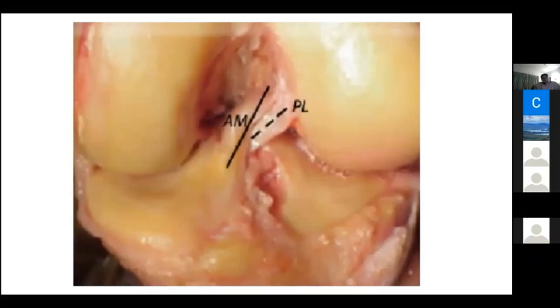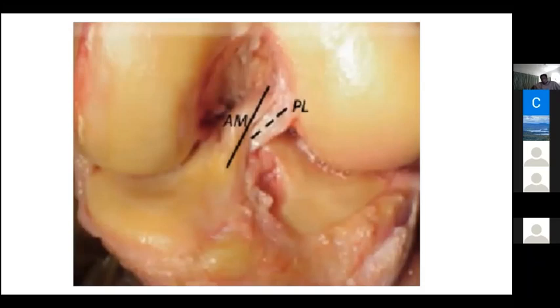You can see the two bundles. Anterior on the tibia to the medial side of the lateral condyle runs the anteromedial bundle. Posterolateral is posterior on the tibia to more lateral on the femur. Can you see that? Agreed?